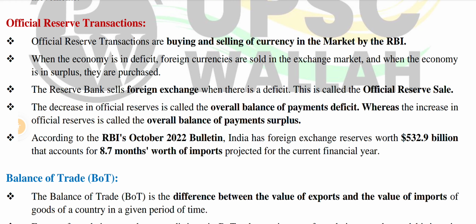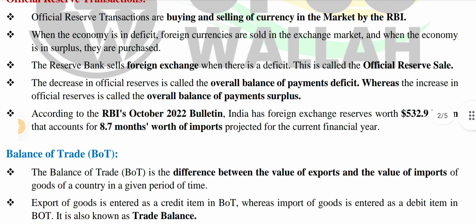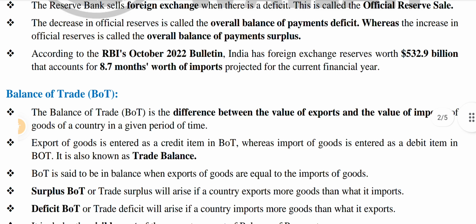The decrease in official reserve is called the overall balance of payments deficit, whereas the increase in official reserve is called the overall balance of payments surplus. According to the RBI October 2022 bulletin, India has foreign exchange reserves worth 532.9 billion that account for 8.7 months worth of imports projected for the current financial year.